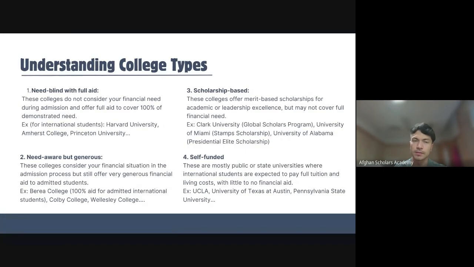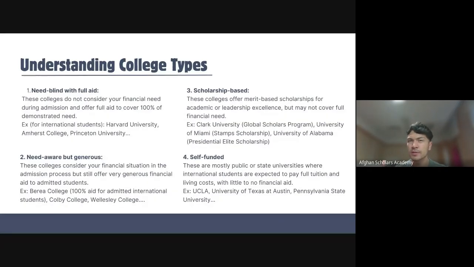In some cases, like Korea as well, if you get in with a 100% scholarship, they will even cover your transportation costs and everything. Those colleges, from an international student perspective, are Harvard University, Amherst College, Princeton, Columbia, Stanford.